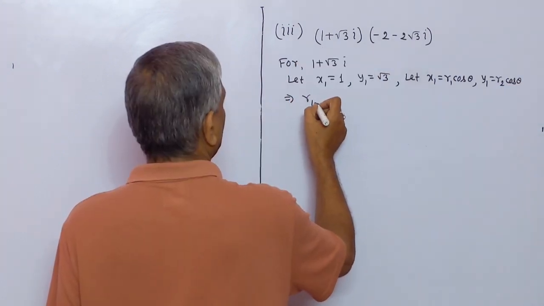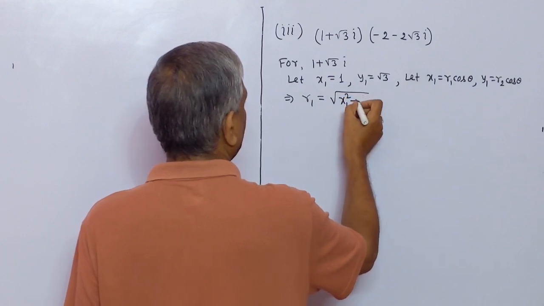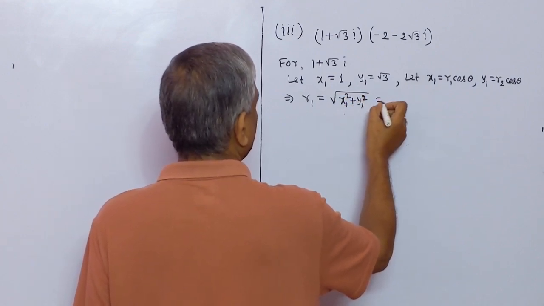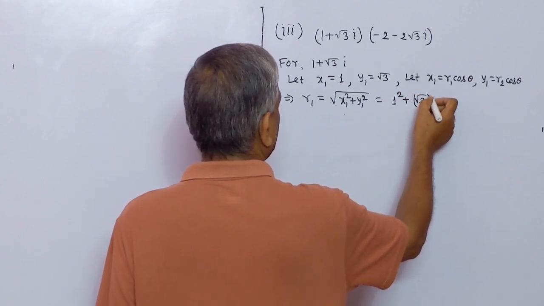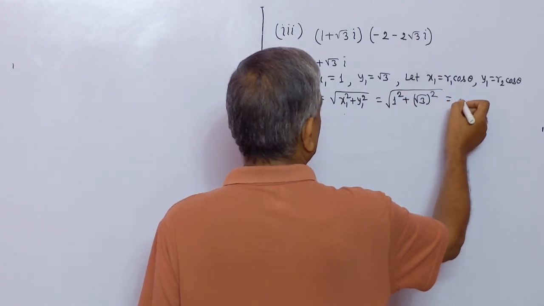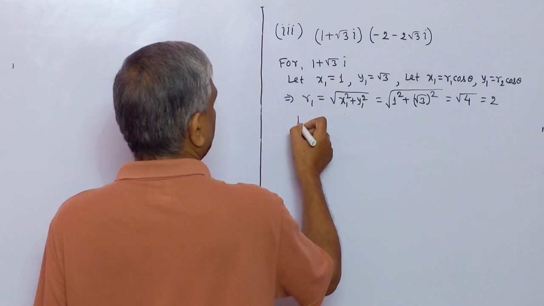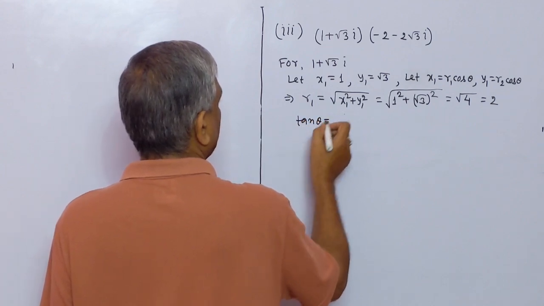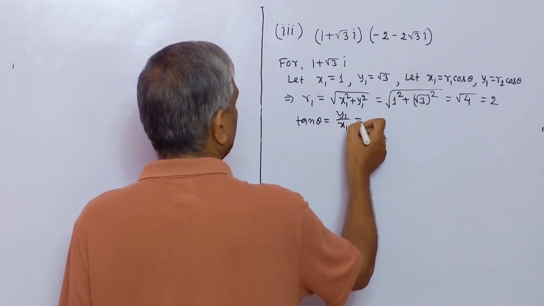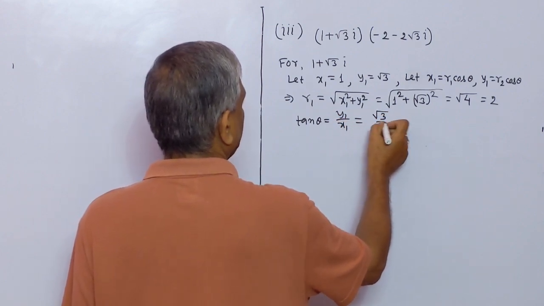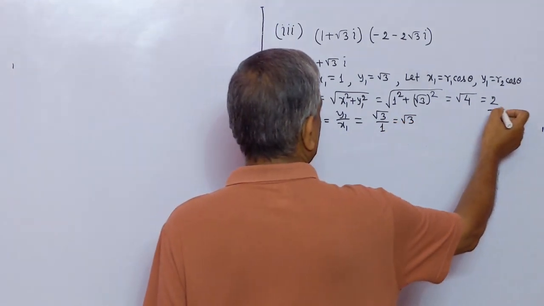This implies that r1 equal to square root of x1 square plus y1 square. x1 is 1 square plus square root 3 square, means square root 4 equal to 2. Tan theta equal to y1 by x1, y1 is square root 3 by 1, square root 3. Let this be number 1.